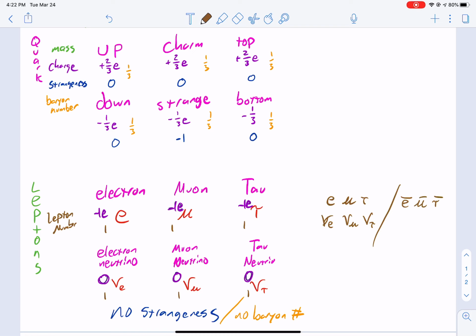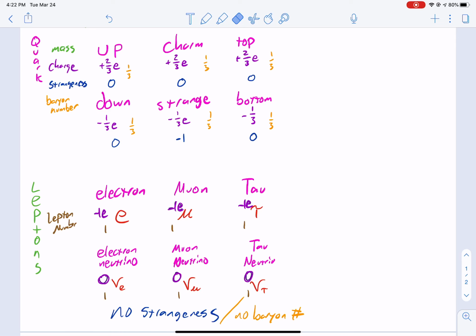The anti-muon, the anti-tau, the anti-electron neutrino, we've seen that with beta decay. The anti-muon neutrino, and the anti-tau neutrino. Just like before, we had the ups, the downs, the charms, the stranges, and all that kind of stuff. So these are the fermions. These are the elementary particles minus the bosons.